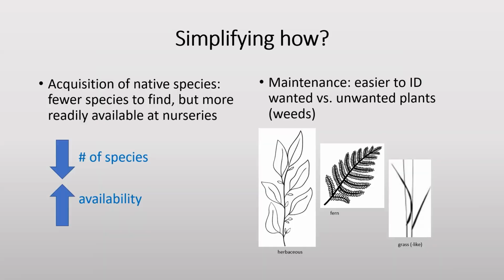The other thing was maintenance, and it has to do with in the spring when everything is coming up, including the plants that you don't want. It's tough to remember what the plants that you do want look like. And so what I did was I broke them down into 3 different categories: herbaceous, fern, and grass.